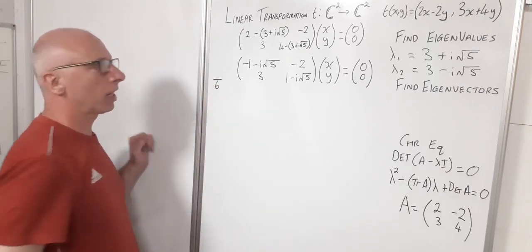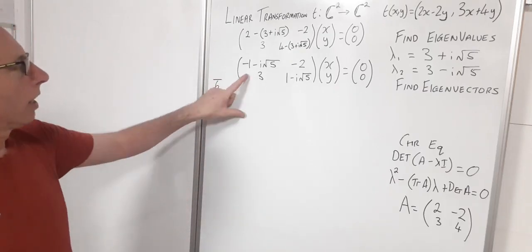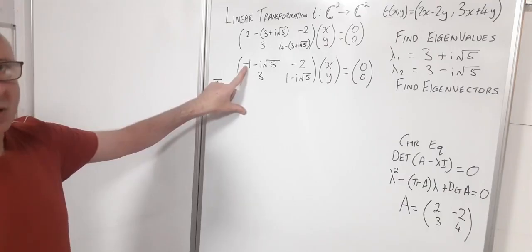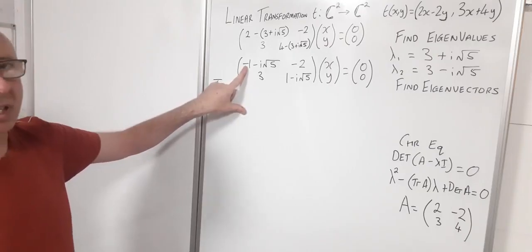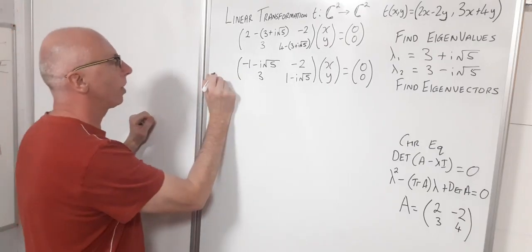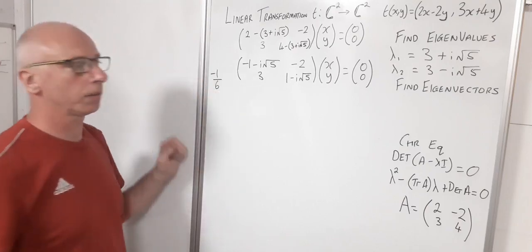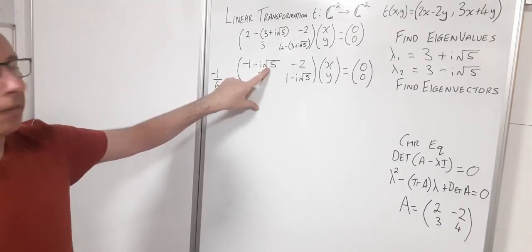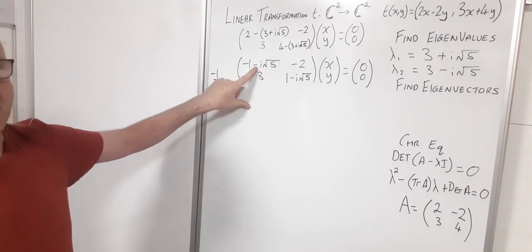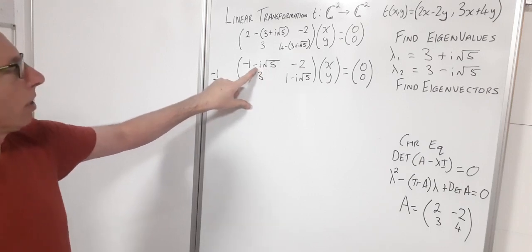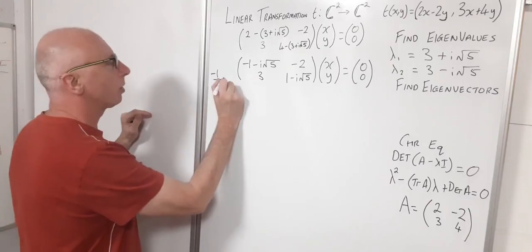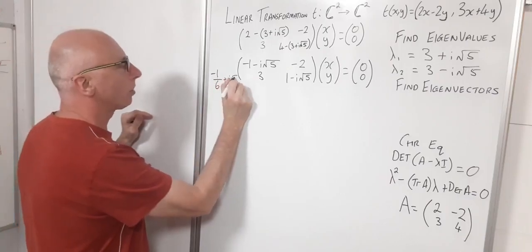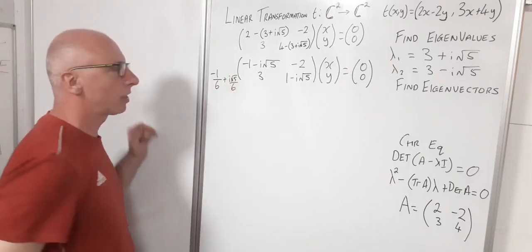So something over 6 is what I need. Now because this is a minus 1, I want that to disappear. I want to plug in a minus 1 here as well, so minus 1/6. And now here, as I've got i root 5, I want this to disappear into a real number. So I want the conjugate of that, which is plus i root 5 and also over 6.